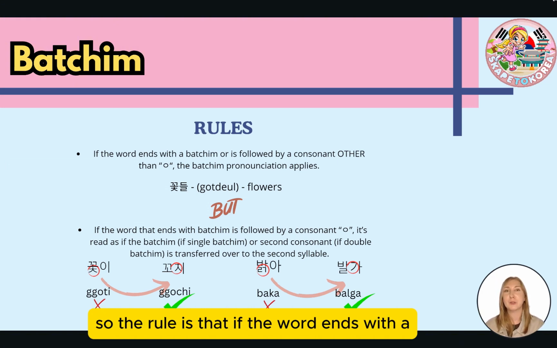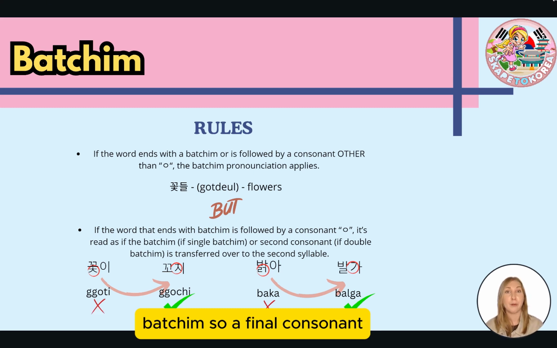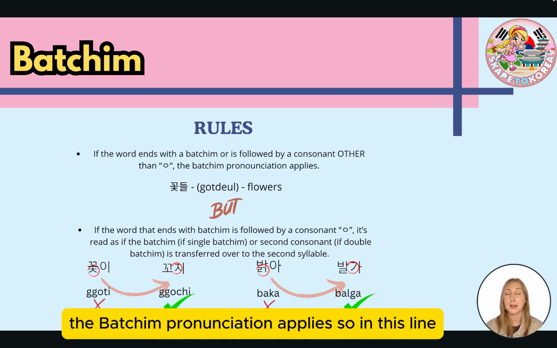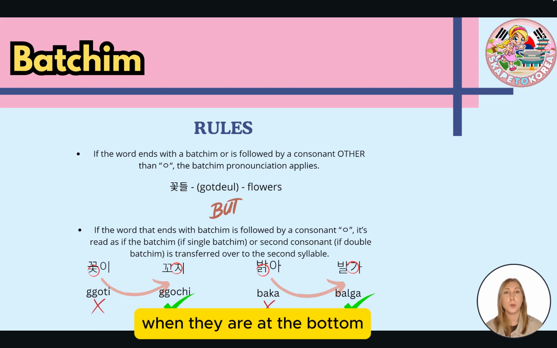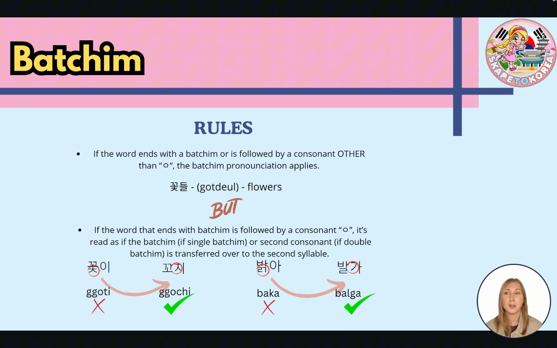So the rule is that if the word ends with a Batchim, so a final consonant, or it is followed by a consonant other than the silent consonant, the Batchim pronunciation applies. So in the slide where they were all grouped together and it's told you what sound it produces when they are at the bottom, it applies.